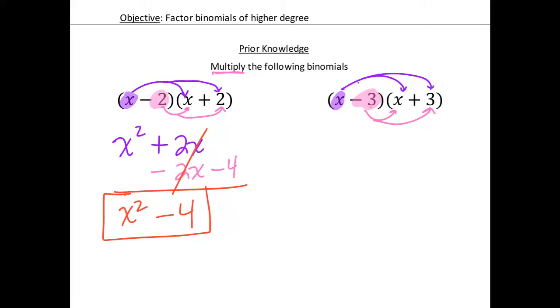All right, go ahead and double check with people around you. All right, show me in 3, 2, 1.